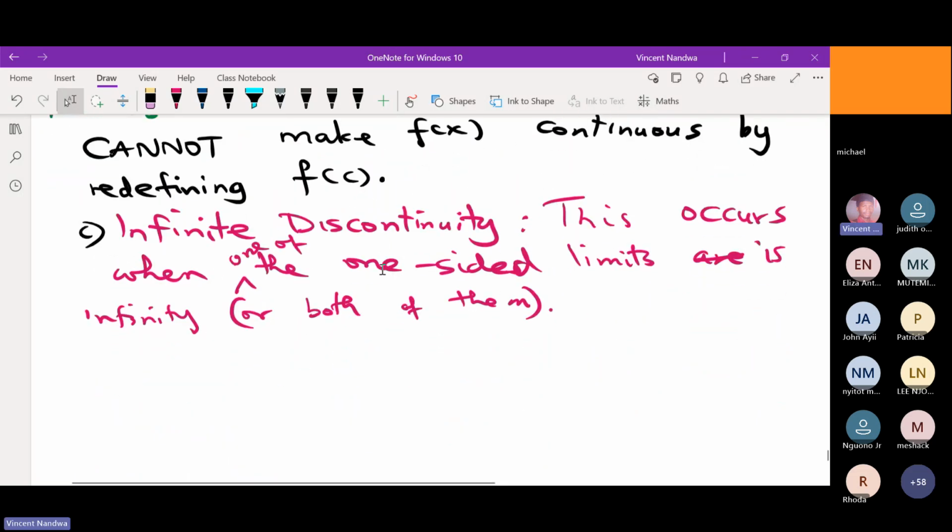So when one of the one-sided limits or all the one-sided limits is infinity, then we have what we call infinite discontinuity.